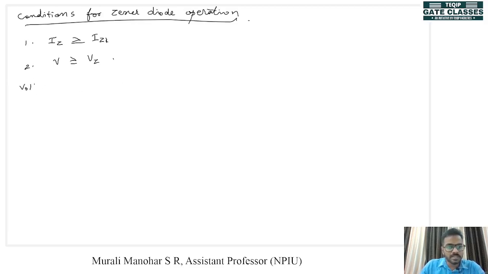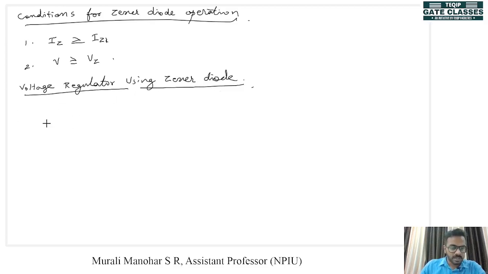So, a voltage regulator using a Zener diode. The circuit looks like this.